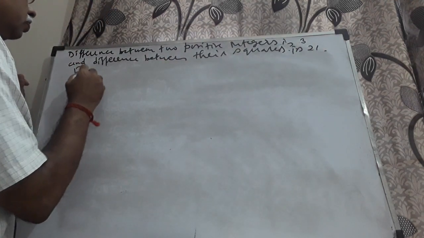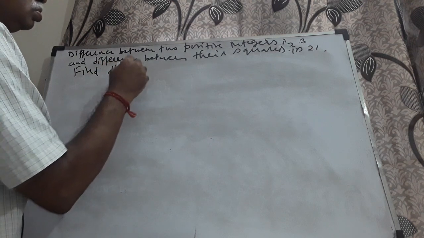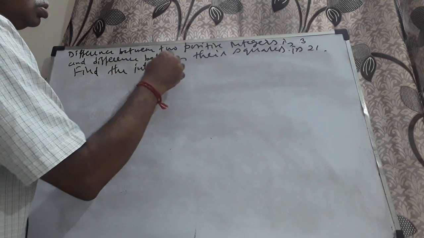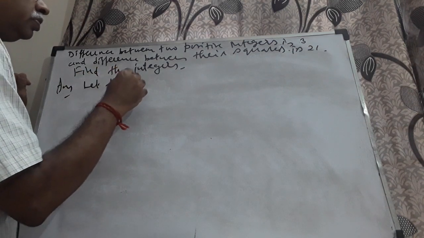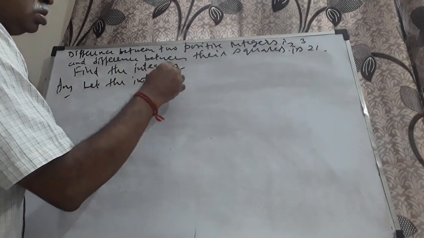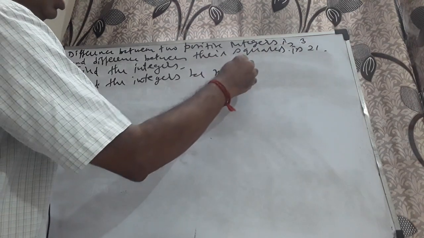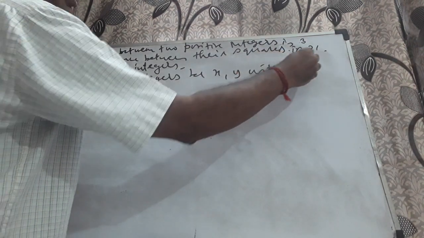Find the integers. Answer. Let the integers be x, y with x greater than y.